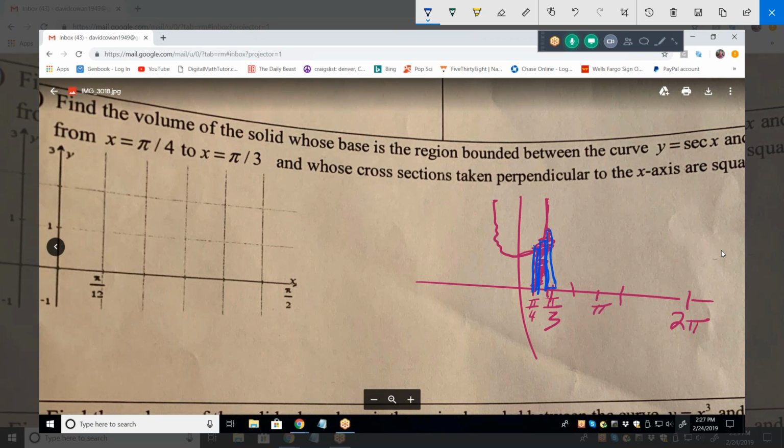So, if I sum up the volume of all of the squares, I'm going to go from pi over 4, this point right here, to pi over 3, and the volume of a particular square is its side length squared.